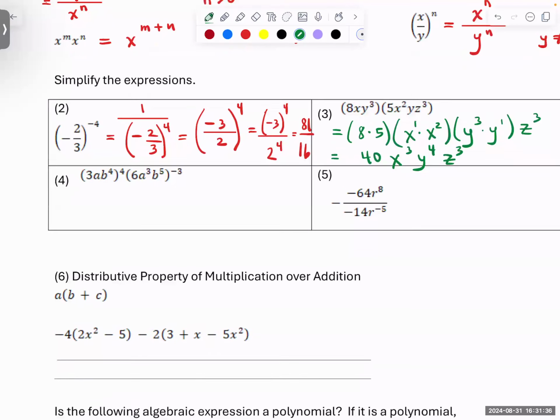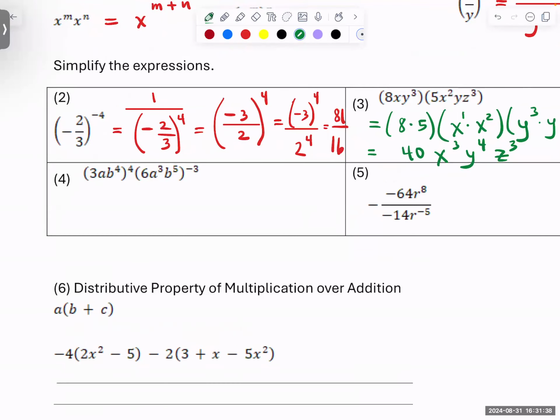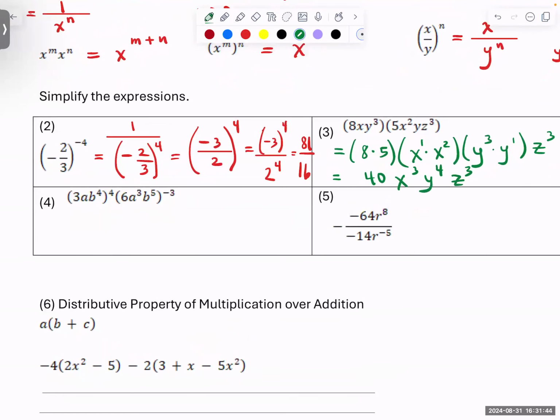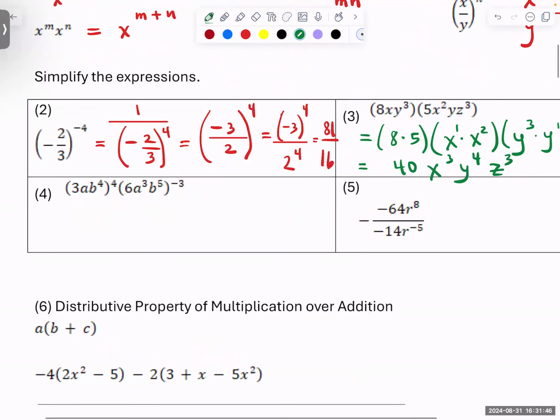Now notice there's a negative exponent to work with. So in applying the power of a power rule, we'll start with 3 to the 4th power, a to the 4th power, and then b to the 4th, quantity raised to the 4th.